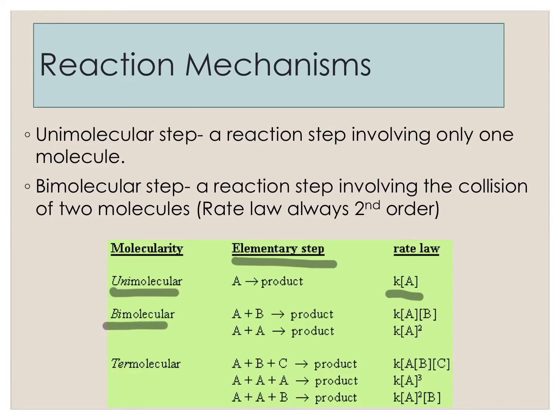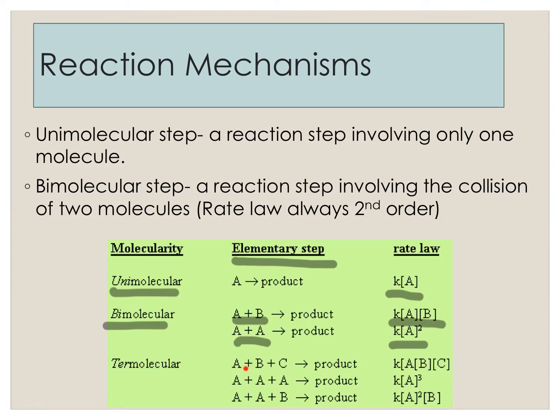If it's bimolecular, I have two molecules reacting, either two A's or an A and a B. Then I write the rate law as k[A][B], or k[A]^2. Now termolecular, you're not going to see this very often at all. Remember, termolecular would mean three molecules colliding at the exact same time.